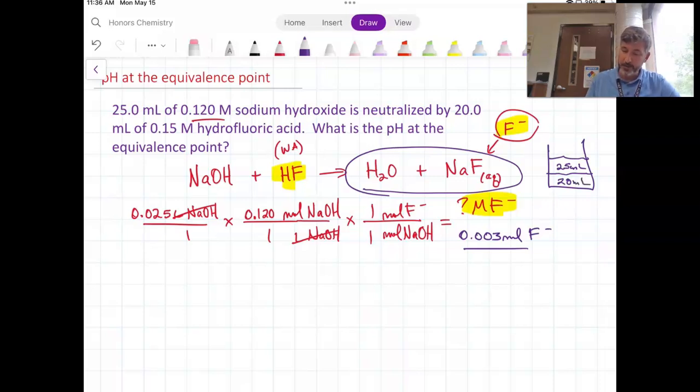So altogether, my total volume of products, which include the F minus, would be 45 milliliters. So I have 0.025 liters of one reactant plus 0.020 liters of the other, which would be 45 milliliters or 0.045 liters.